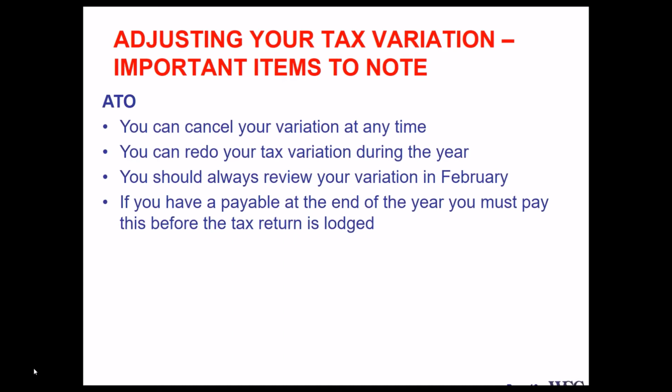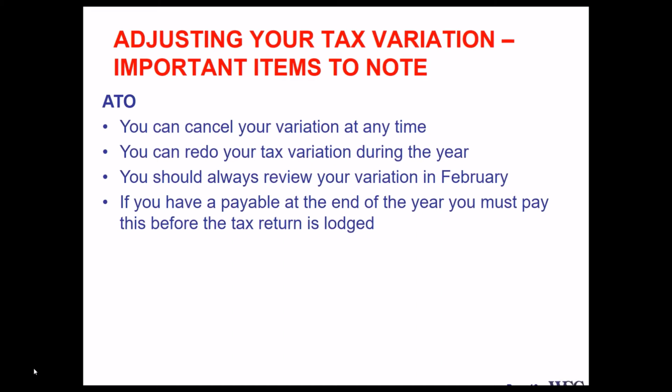Now, some other important items to note: you can cancel your variation at any time. You might need to do that if you change jobs, and then we have to do a new variation for the new job. You can redo your tax variation during the year, which we've briefly touched on already. Always review your variation in mid-February, because you never know.